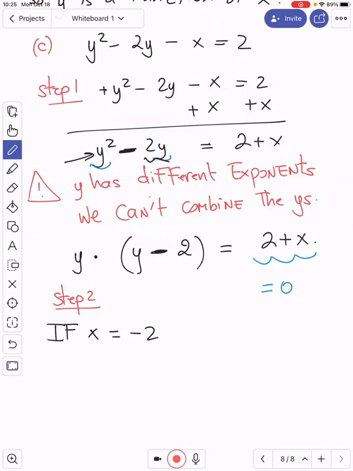So if my x is -2, we're going to have the equation y times y minus 2 equals 0. Now, how many solutions or possible answers do we have here? If y times y minus 2 is equal to 0, what will be the solutions?